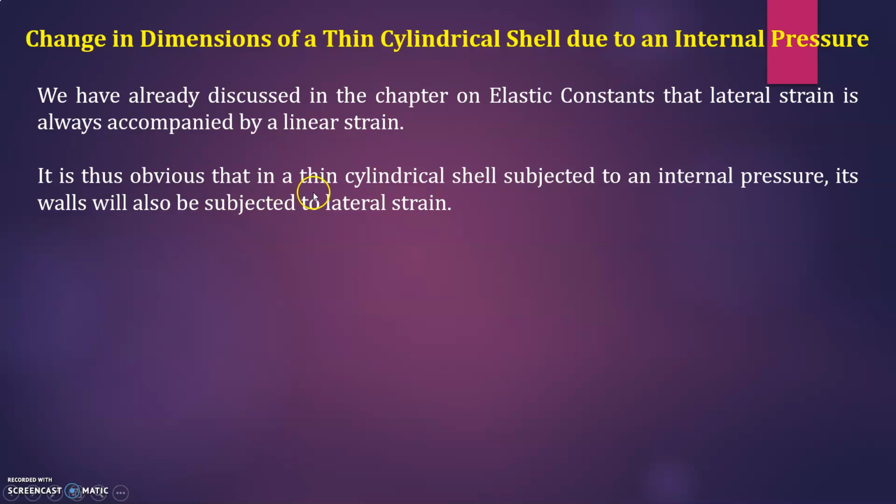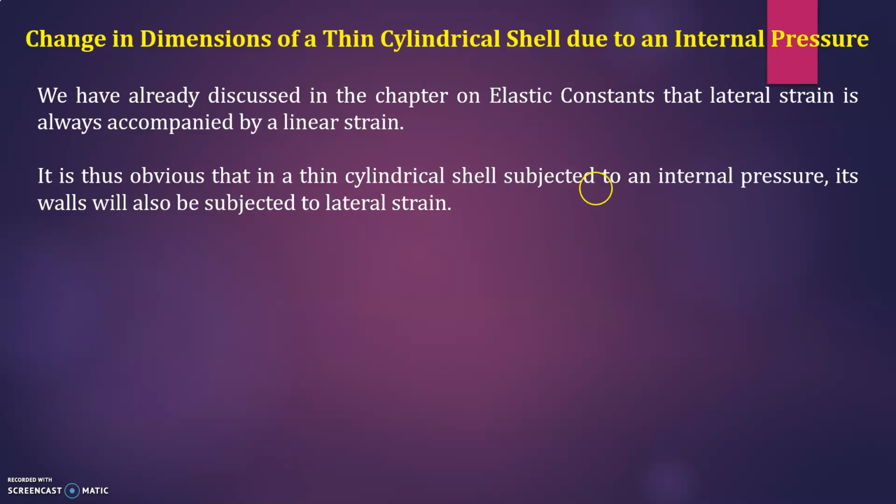So it is obvious that in a thin cylindrical shell subjected to an internal pressure, its walls will also be subjected to lateral strain, because when the cylinder is subjected to internal pressure, tensile stresses are developed. Once the stresses are developed, obviously strains will also be developed.